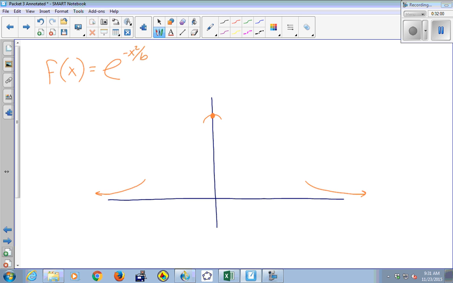And it has to at some point change concavity in order to come down and approach 0. So it's concave down, and then at some point it switches to concave up. And that place where it changes from concave down to concave up is the square root of b over 2. And then it's going to do the same thing on the other side. And that is the normal curve, normal density function.